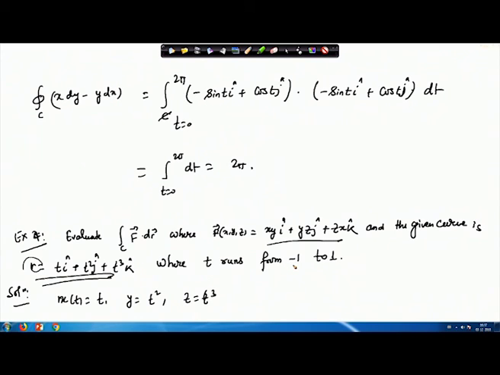They are not complicated, they are just playing with some parameters. From here on, you can solve this example very easily. Just substitute these values, do dr/dt from here and then integrate from -1 to +1, and everything is a piece of cake. All right. So, this is also a very simple, yet nice example.